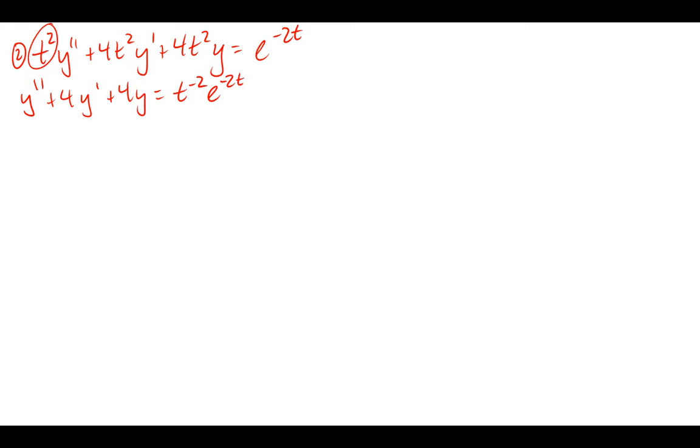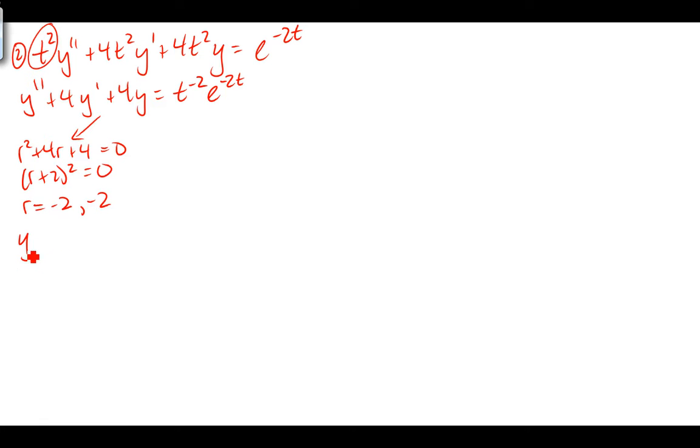Okay, now 2 good things happen. 1, we now know how to do the homogeneous solution. And 2, this is now in the right format to try variation of parameters. All right? So let's do the homogeneous very quickly here. So I get r squared plus 4r plus 4, which is r plus 2 squared, which means r is negative 2 and negative 2, which is our repeated root situation.